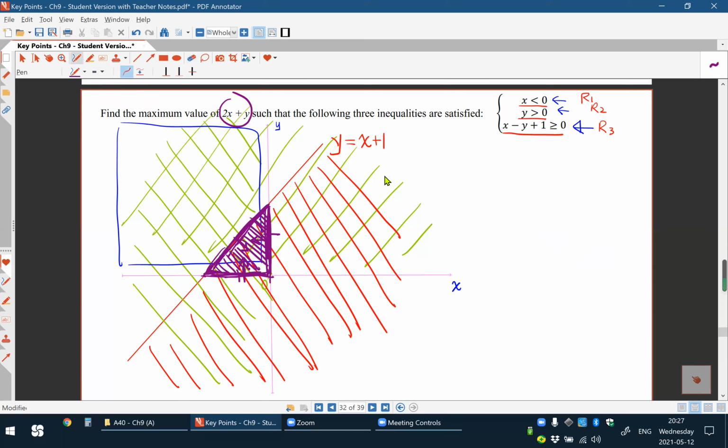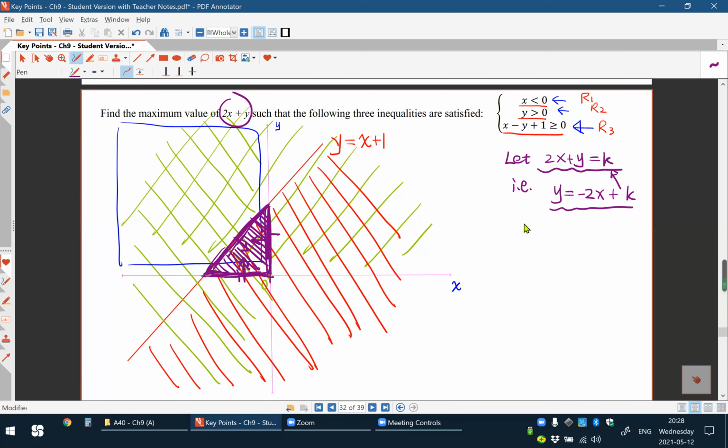Okay, next, let 2x plus y be k. That means we need to find the maximum possible value of k, right? So first of all, what is this? This is a line, right? So that means this is actually y equals minus 2x plus k, right?